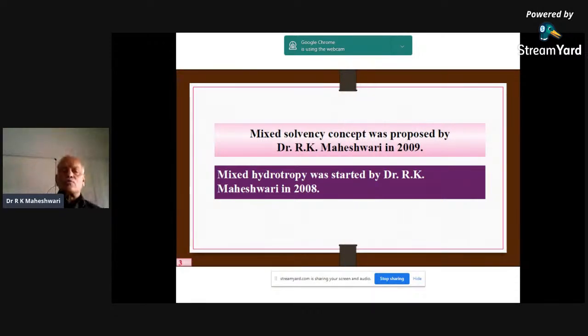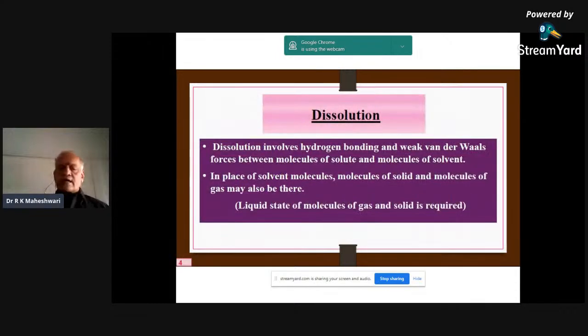In 1916, the term hydrotropic solubilization was coined by scientists like Neuberg, etc. I started working on hydrotropy before 2008, when only single hydrotropic solubilization was being used by scientists, but from 2008 you will have matter on mixed hydrotropic solubilization.